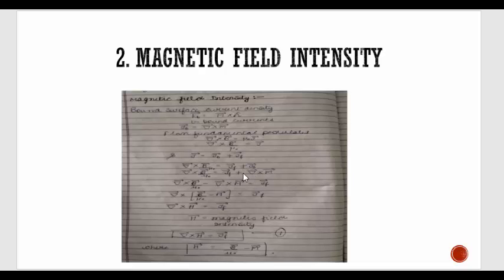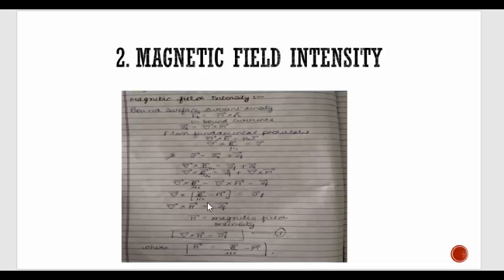After taking this term to the left-hand side, we get del cross B vector upon mu naught minus del cross M vector is equal to Jf vector. Now take del cross as common from these two terms. We get del cross of (B vector upon mu naught minus M vector) is equal to Jf.